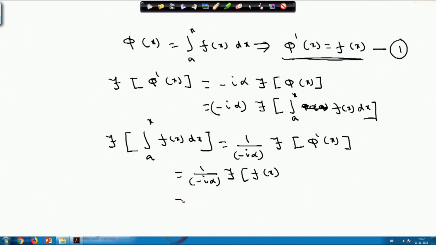And this equals, the Fourier transform of f x is nothing but F alpha by minus i alpha, which completes the proof that the Fourier transform of the integral from a to x of f x dx is equal to the Fourier transform of f x divided by minus i alpha.